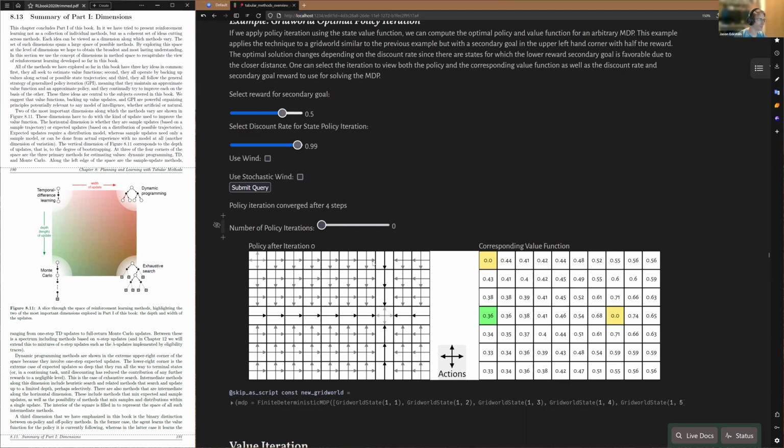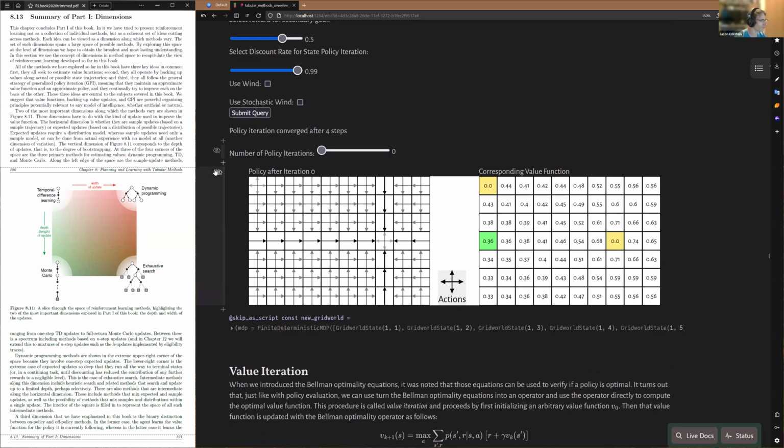So what this is showing is that after 0 iterations, so wait, is this actually, yeah, this is showing what the function looks like after different numbers of iterations. So this converged in four iterations to the optimal policy. Actually, this starting point shouldn't be, I think maybe I'm starting with something initialized.